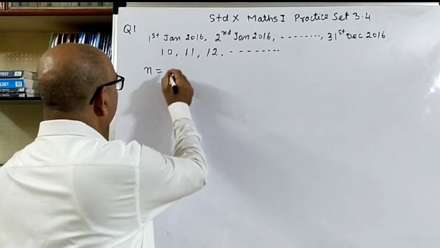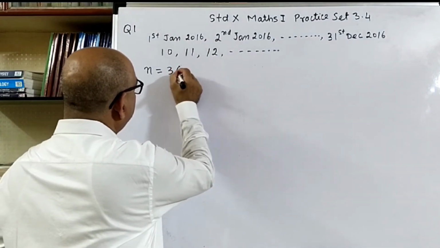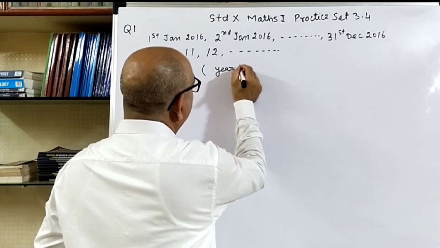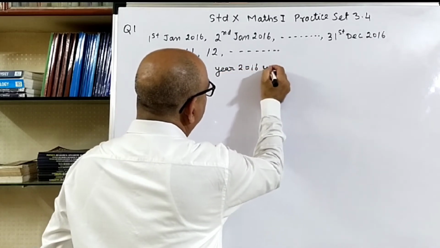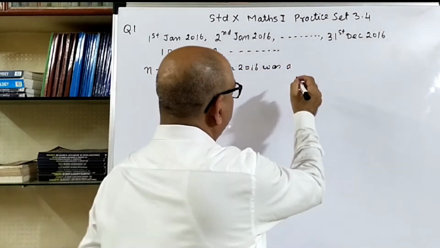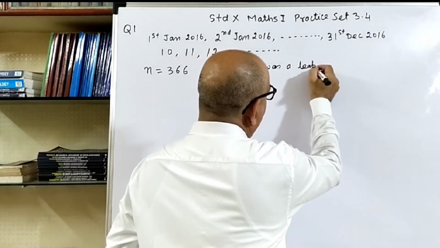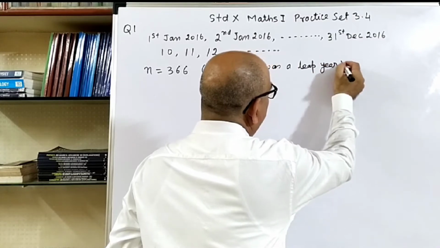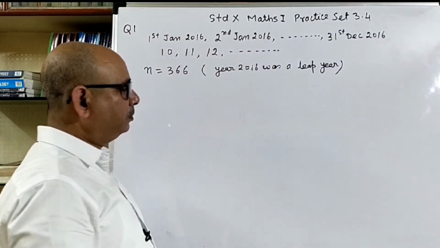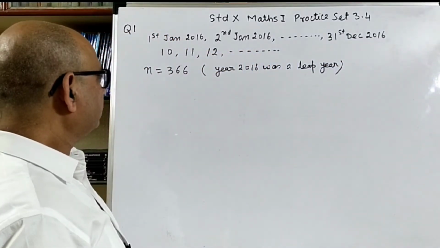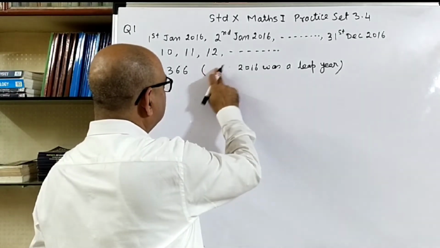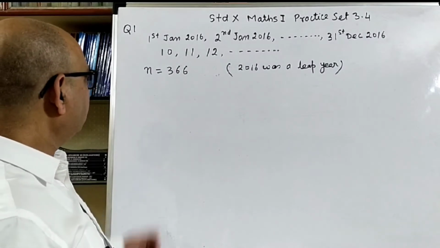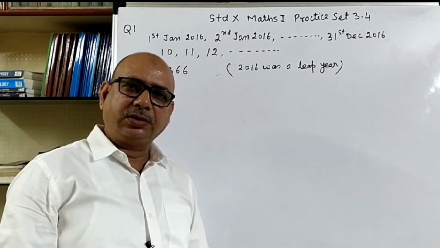The n will be equal to 366, and the reason is year 2016 was a leap year. That means n is equal to 366.